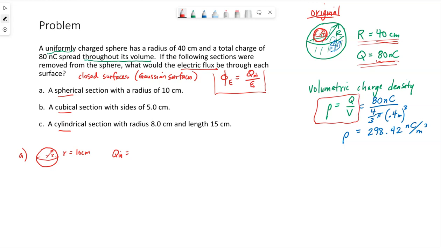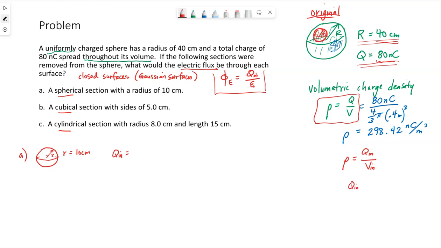We calculated the charge density by the total charge divided by the total volume, but if it's uniformly charged, this charge density also represents the charge within a smaller segment divided by the volume of that smaller segment.